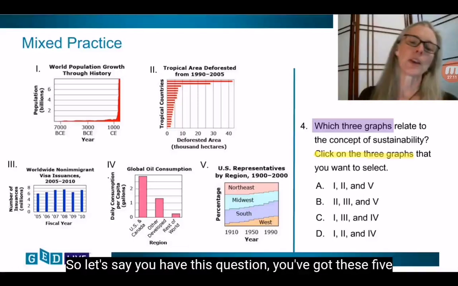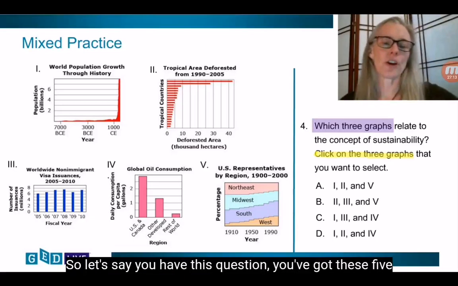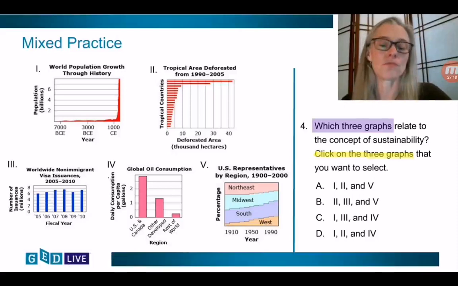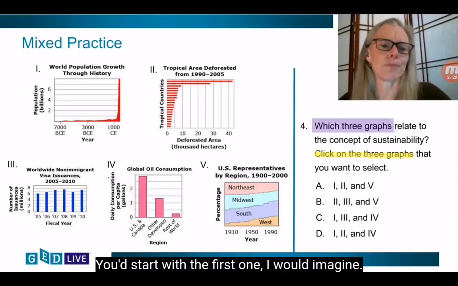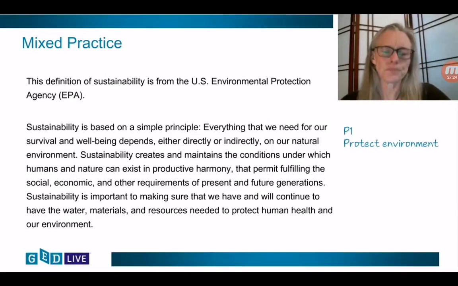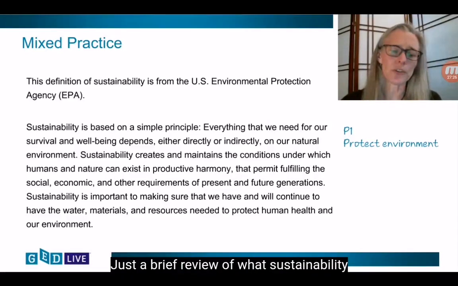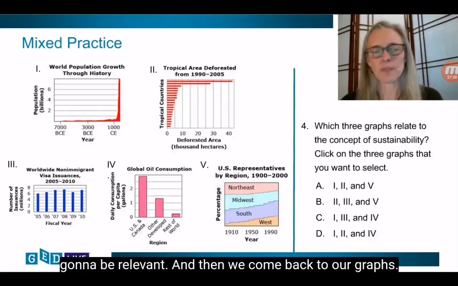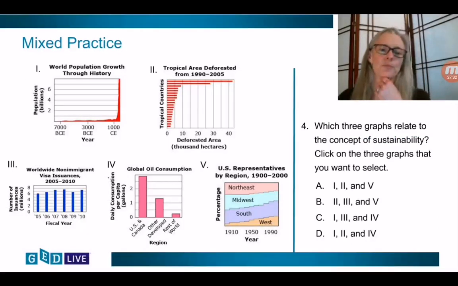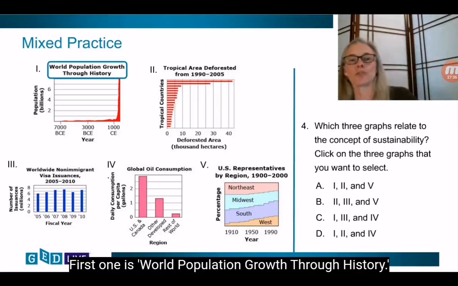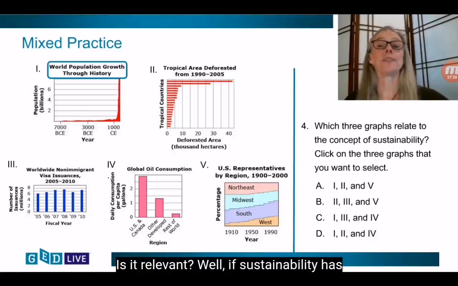Let's say you had this question, you've got these 5 graphs, you need to figure out which 3 are relevant. You'd start with the first one, I would imagine. Just a brief review of what sustainability means, so that we know what's going to be relevant, and then we come back to our graphs. First one is world population growth through history. Is it relevant?